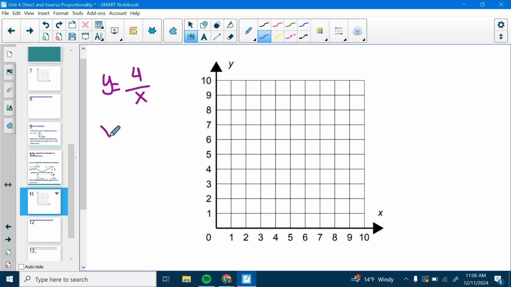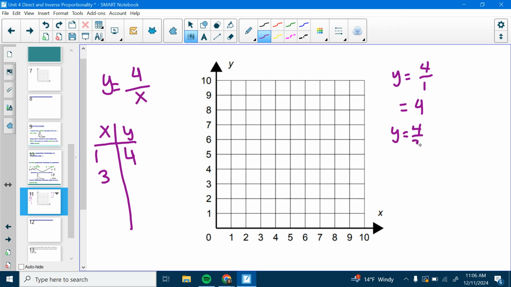So if I put in a 1 for x, well then I have y is equal to 4 over 1, which is equal to 4. Okay, if I put in a 3, y is equal to 4 over 3. That's going to give me a decimal that I don't really want to graph, so I'm going to skip that one, okay? If I put in 2, y is equal to 4 divided by 2. Ooh, that's nice and easy. That's going to give us 2.